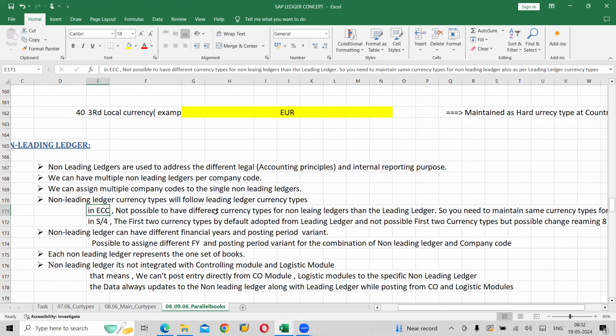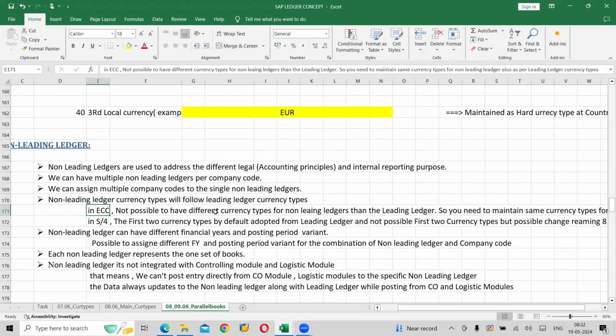So we need to maintain the same currency types for the non-leading ledger as per the leading ledger. I don't think it's required to explain. You remember whatever zero ledger we have defined, the same thing will be taken for all the company codes.